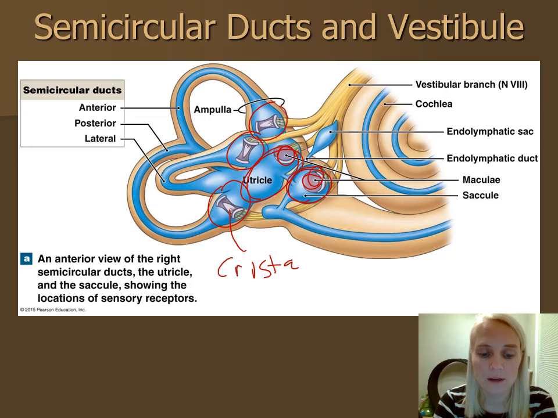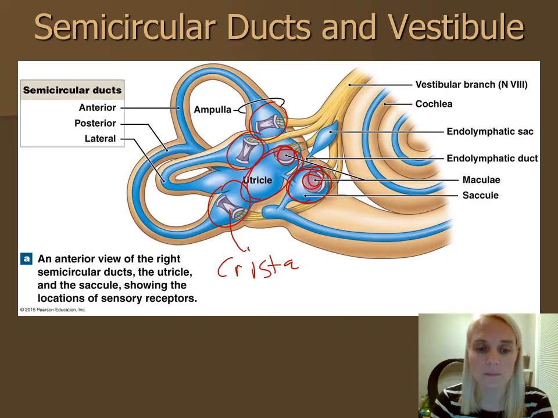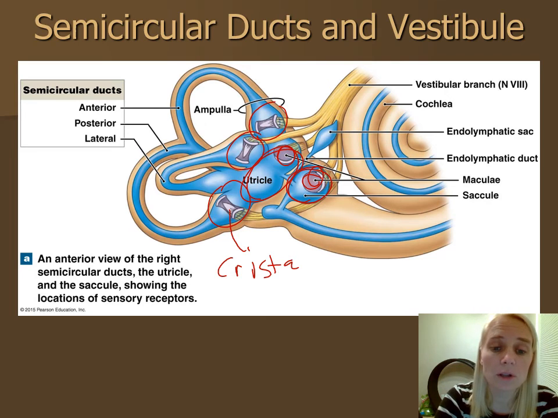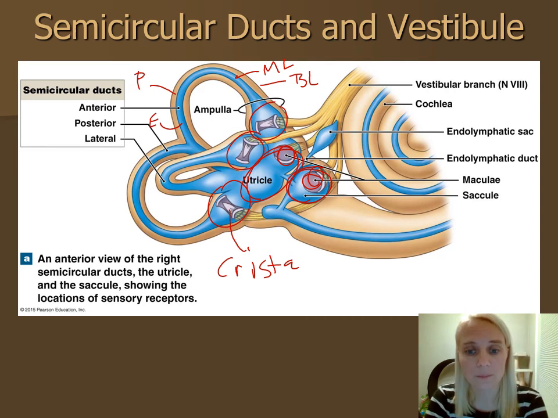I'll just call them crista because that's the name that I learned, but ampullary crests, I think, is what your book is calling them. And then again, we can see a closer view of the bony labyrinth and the membranous labyrinth. The fluid in here is going to be perilymph, and the fluid in here is going to be the endolymph. Okay, so start getting comfortable with that.